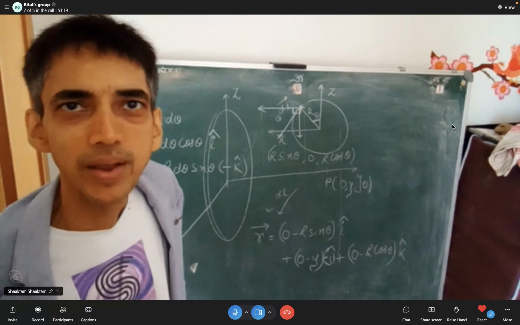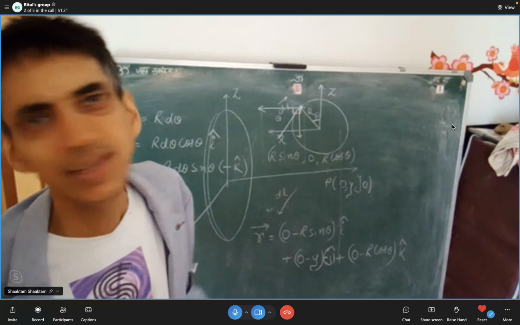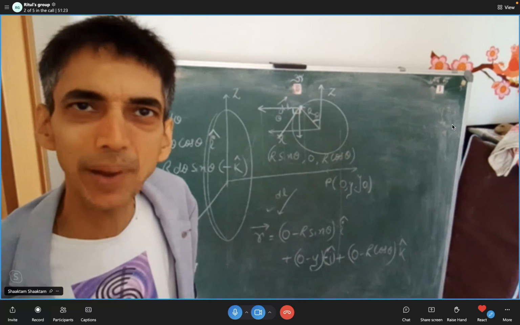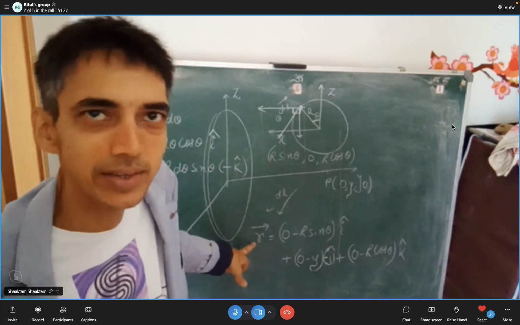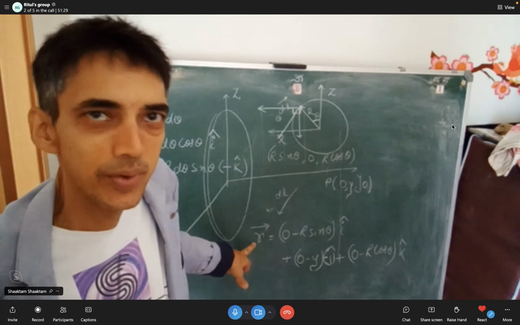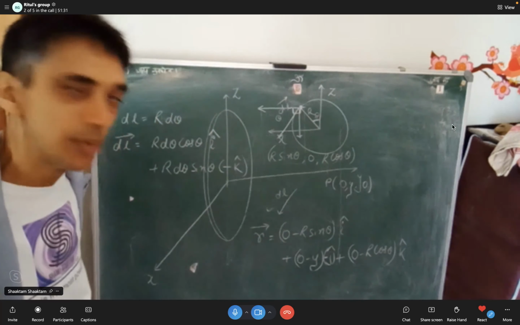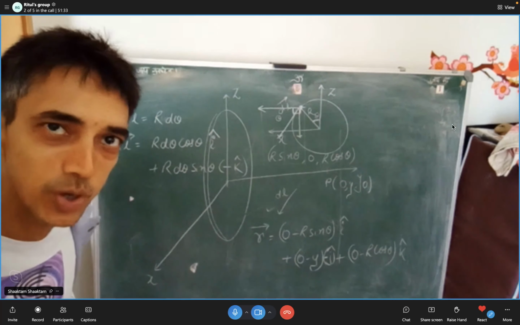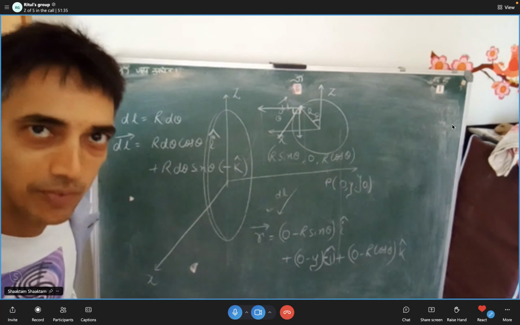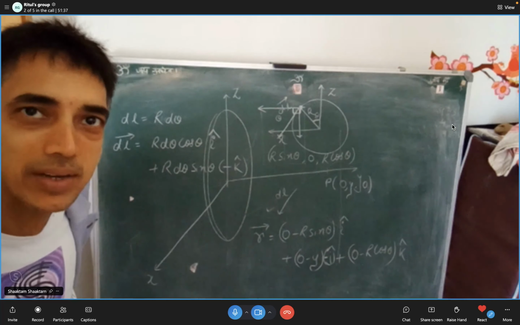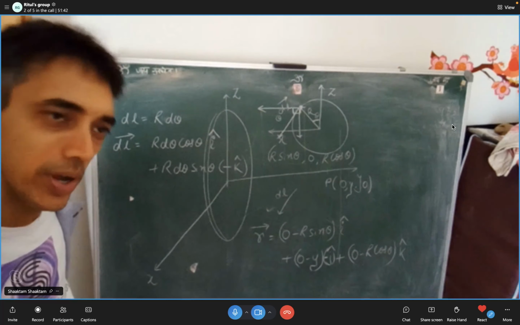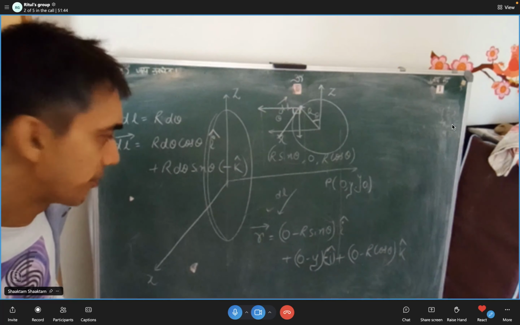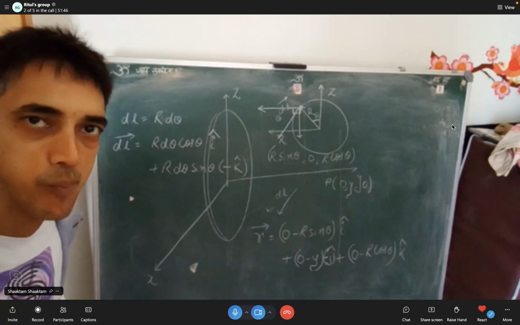As far as r cube is concerned, we can place its magnitude as per what we are getting, which is the magnitude of R. Because the factors are going to reduce to 0 when you integrate over theta. Which factor will reduce to 0?